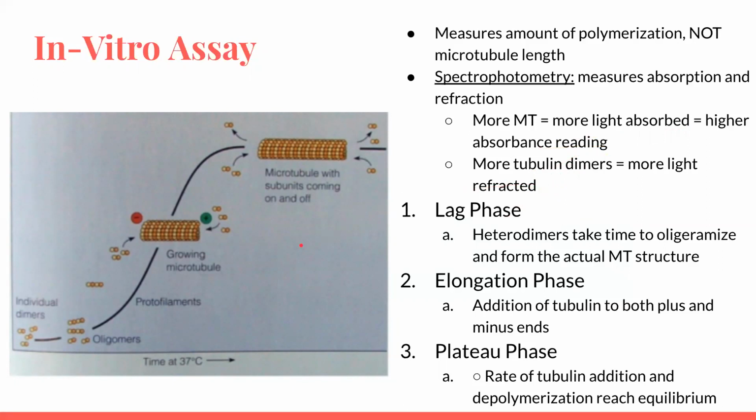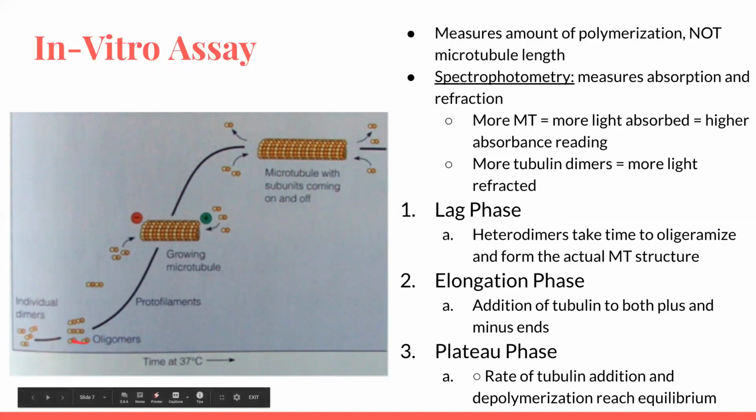Okay, so if you plot the absorbance reading from the spectrophotometer on a graph versus time, you'll see this curve. In the beginning, you have a lag phase, and that's when the individual tubulin dimers are trying to organize together and form.